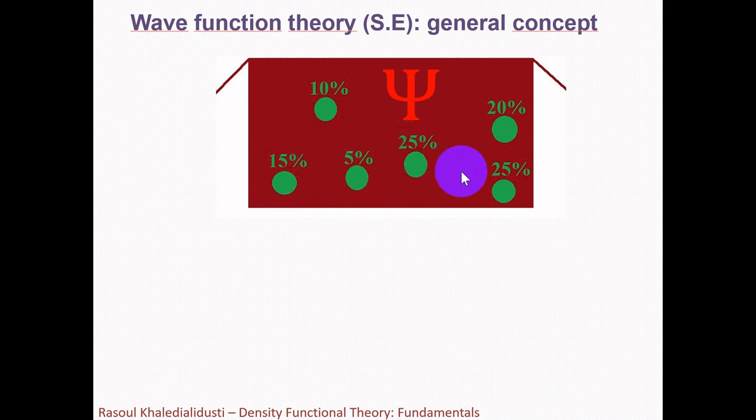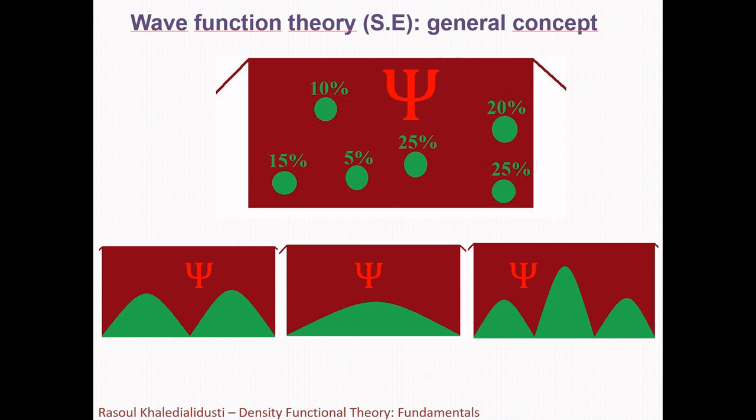Keep in mind that the electron is in a superposition of all possible places at the same time, and not only in one place at a time. So what the wave function tells us is the probability distribution of the existence of the electron in our system, like a wave, okay? So the probability of finding the electron at a given point in space.